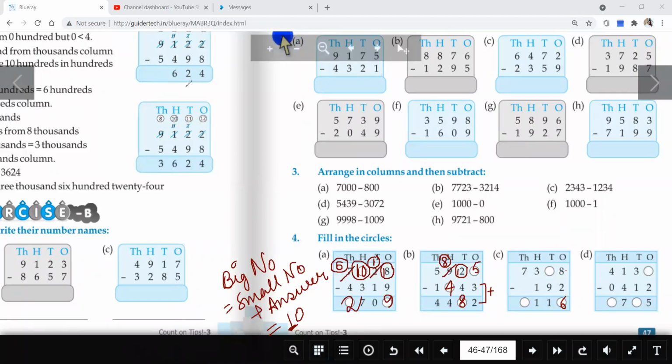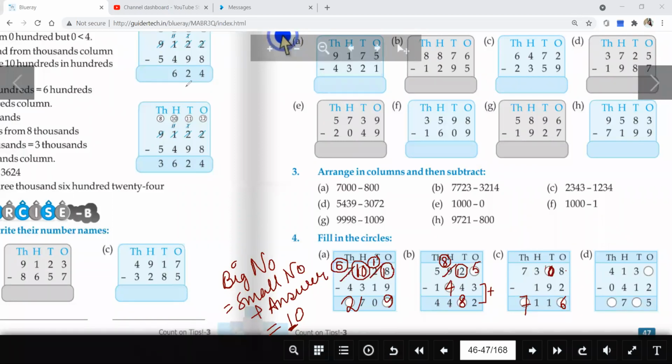Now from 9 and 1 we are just going to add to make the tens place. So it is becoming 0. And it has been adjusted. This part is done and 7 is only sitting over here.